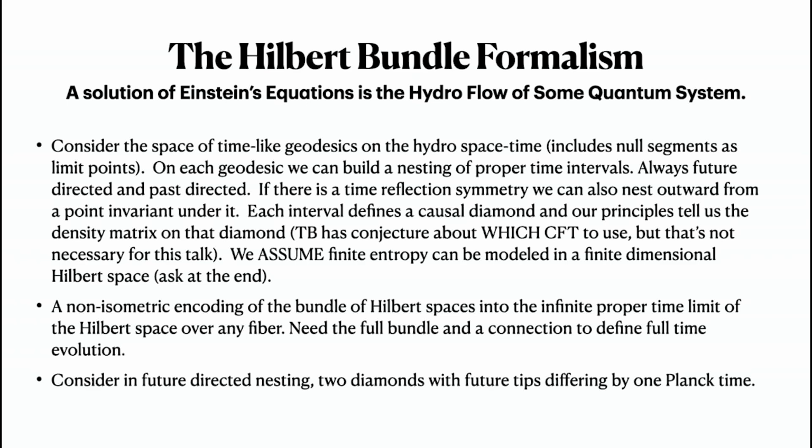Well, if I take any one of these geodesics and think about its time evolution from time minus infinity to infinity, assuming that I can extrapolate from minus infinity to infinity, at least in the examples we know, like Minkowski space or anti-de Sitter space, that should be the whole Hilbert space. And we've got that multiply described over all of these different geodesics, and that's what I mean by a non-isometric encoding. All of these are Hilbert spaces. There's no negative metric stuff, and there are just multiple descriptions.